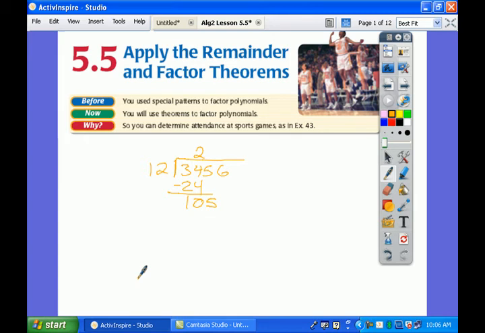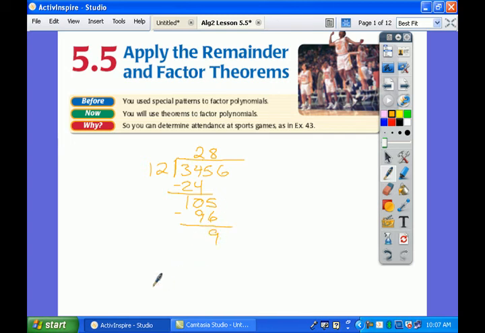I say 105 divided by 12 is what? What number should we put back up here? Go ahead. Is it 8? Now what do we do? We multiply, right? So 8 times 12, 96.